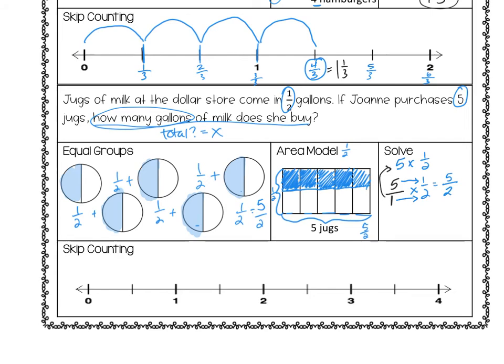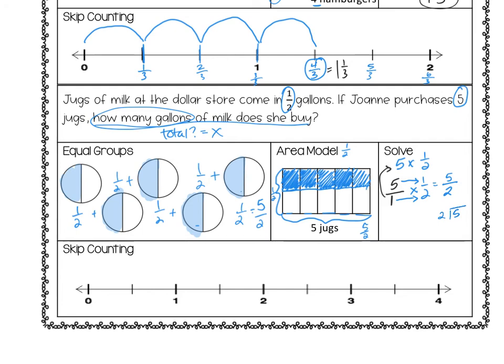We know that when our number on top of the fraction, our numerator, is bigger than our denominator, we have an improper fraction. And in order to turn our improper fraction into a mixed number, we have to take our numerator and divide it by our denominator. So we're going to divide 5 by 2.